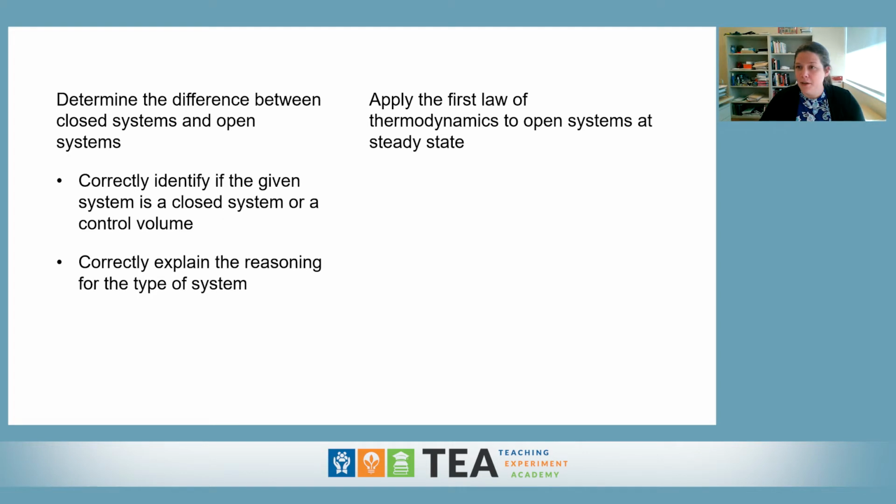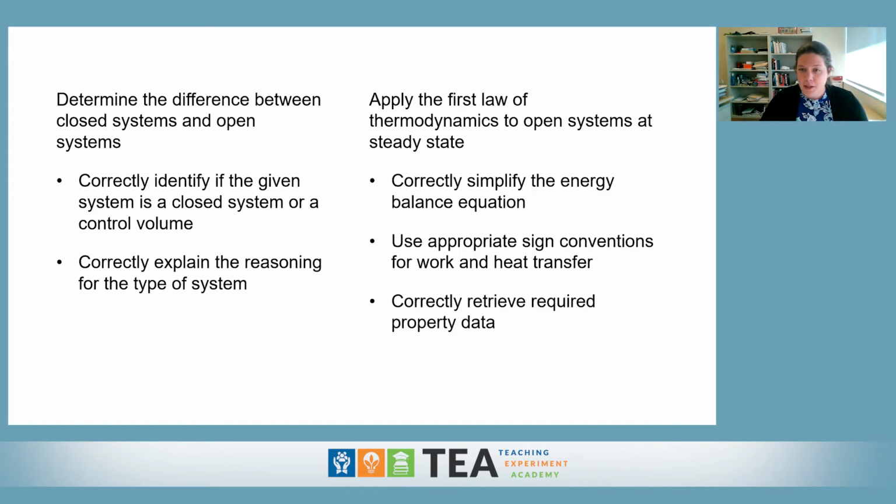The question about the first law of thermodynamics would be a problem. So they'd have to show all their work on the problem, and then the specifications that I used recently were correctly simplify the energy balance equation, use appropriate sign convention, and correctly retrieve required property data.